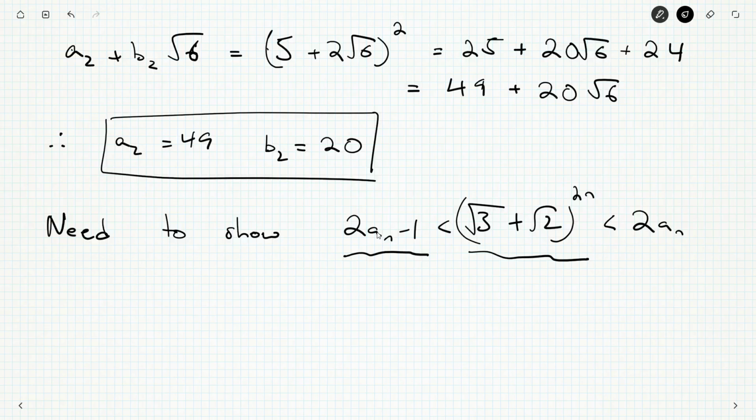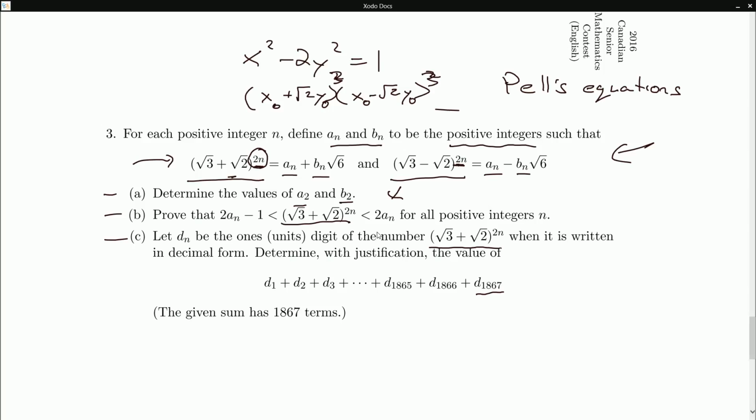So, should I prove this by induction? That's the question. No, I do have the indices, right?